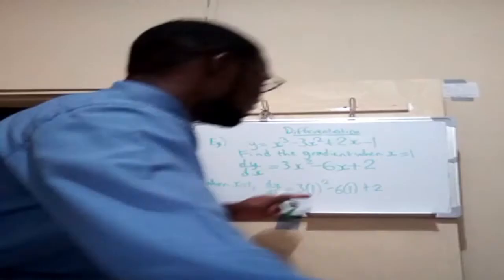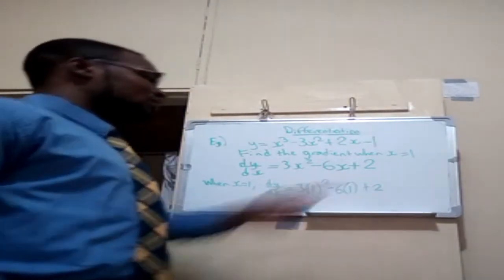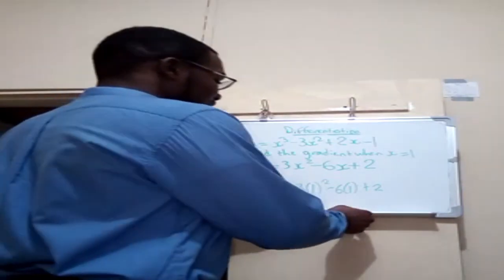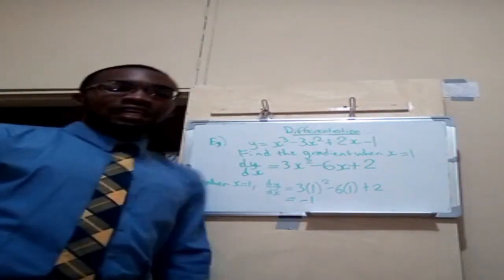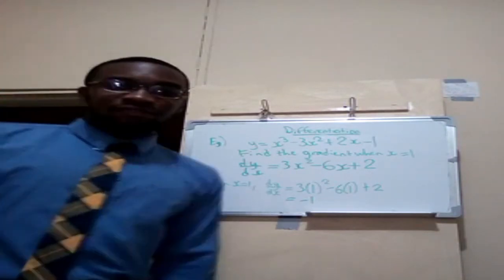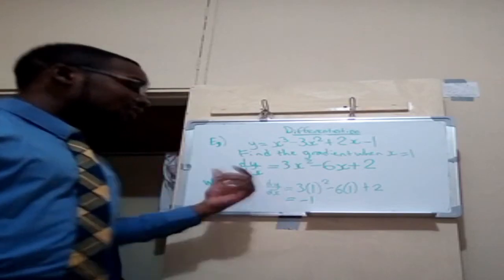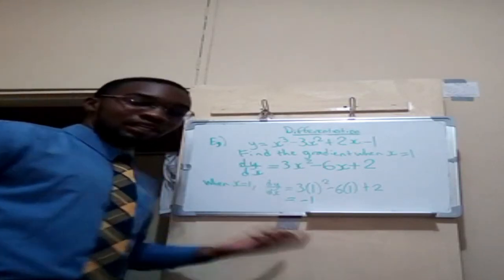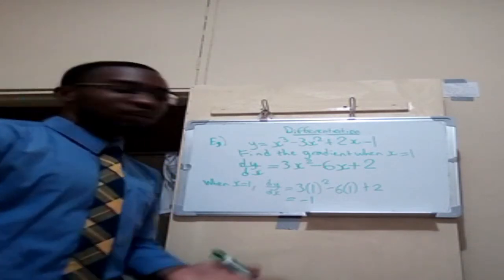So 3 times 1 is 3, minus 6 is negative 3, plus 2 is negative 1. And so the gradient of the curve is equal to negative 1. Alright, nice.